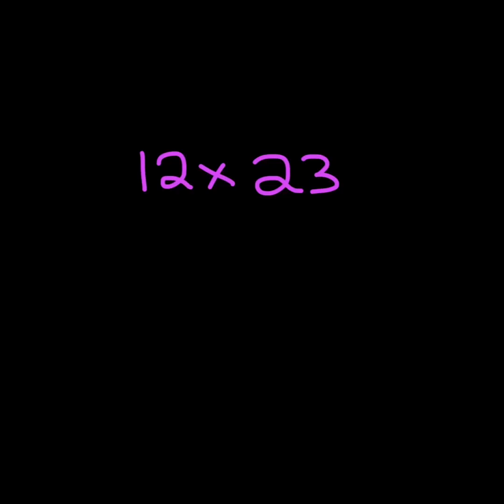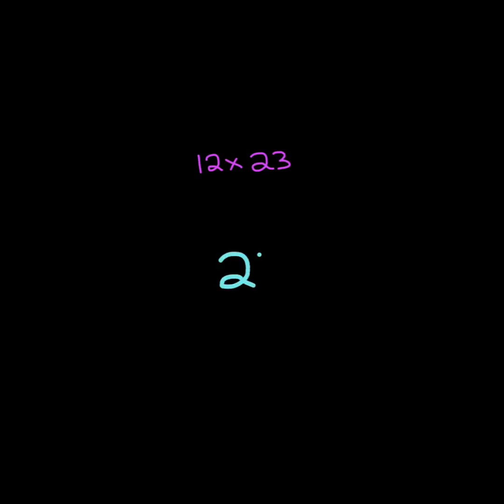So the first thing we're going to do is we are going to stack the numbers on top of each other. So we have 23, and we are going to multiply that by 12. I always like to put the greatest number on the top, just sort of out of habit.